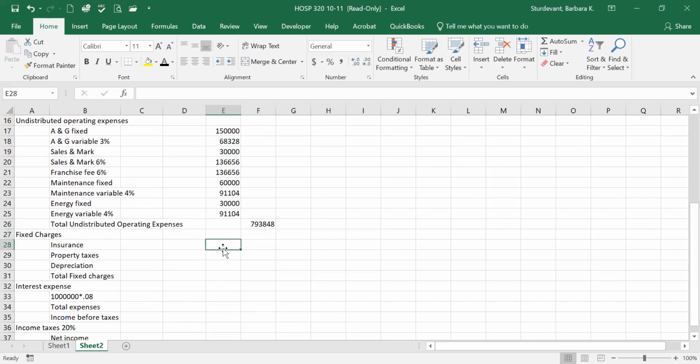Okay. Under our fixed charges, they were pretty much fixed amounts, as we know from doing the income statements. So insurance was 20, property taxes was 40, and depreciation was 50.